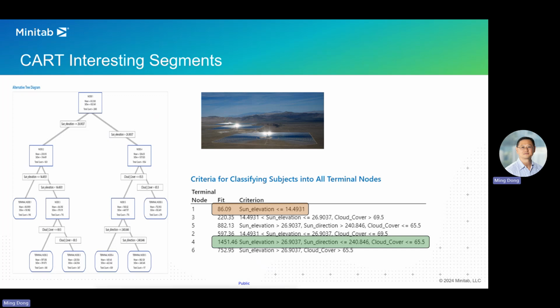But if the sun elevation is greater than 26.7, sun direction is less than 240, and cloud cover is less than 65%, then the energy generated can be very, very high, something like 1,451. So we can easily identify the extreme high and extreme low values.